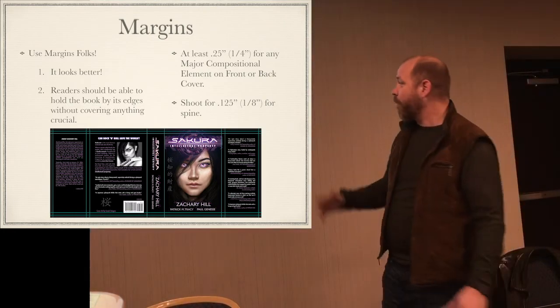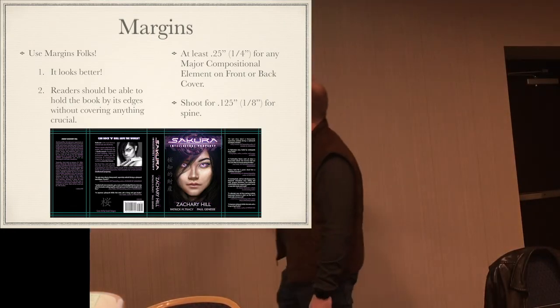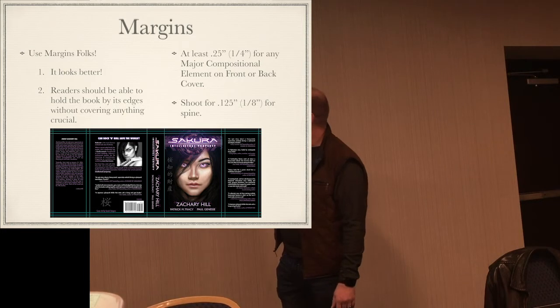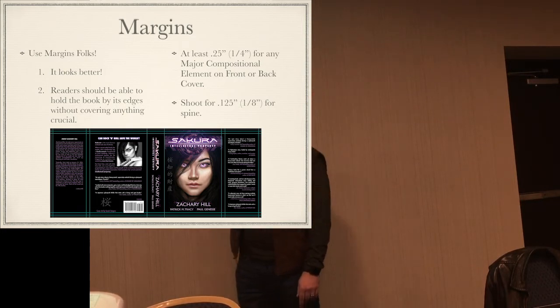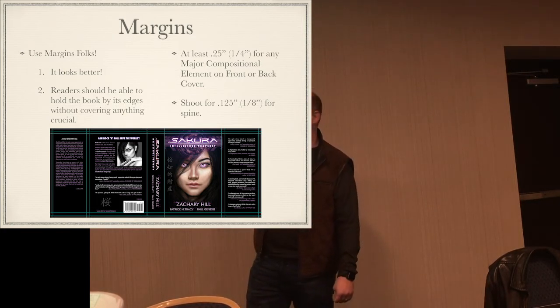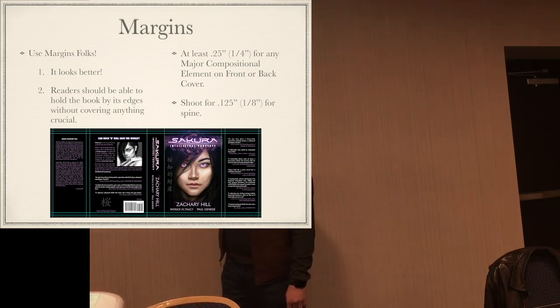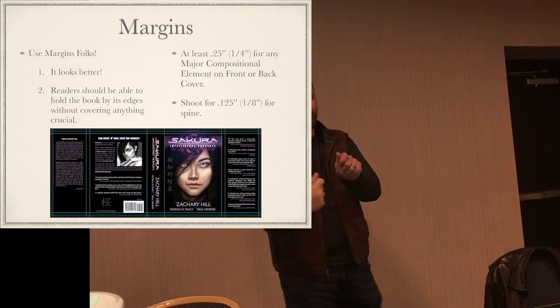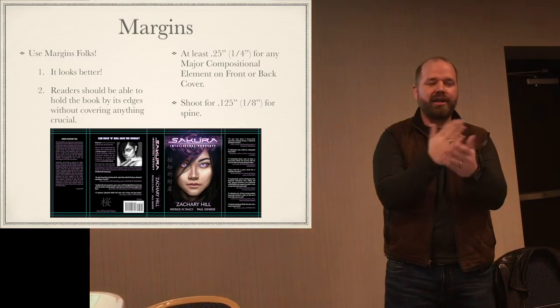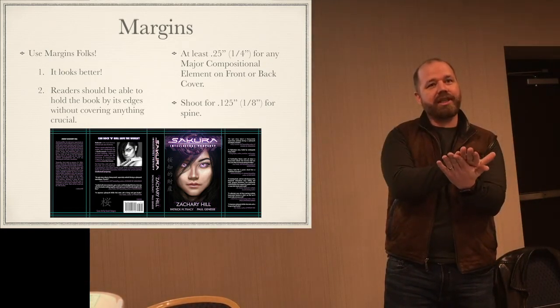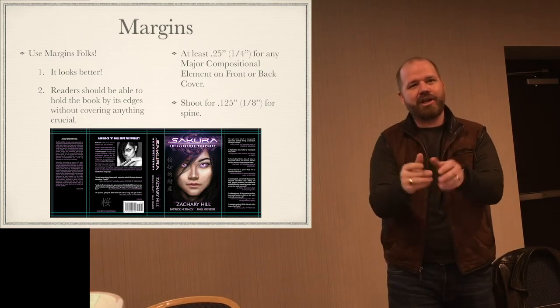So margins are important. What you'll see when I lay out my book covers, there's a couple of things. One, if you're doing a soft cover book or a hardcover book, I guess it applies to either one, there's going to be a seam right here on this other side, because they pre-crease a book so that when you open its front page, it creases naturally, and the book doesn't just slam shut every time you open it.